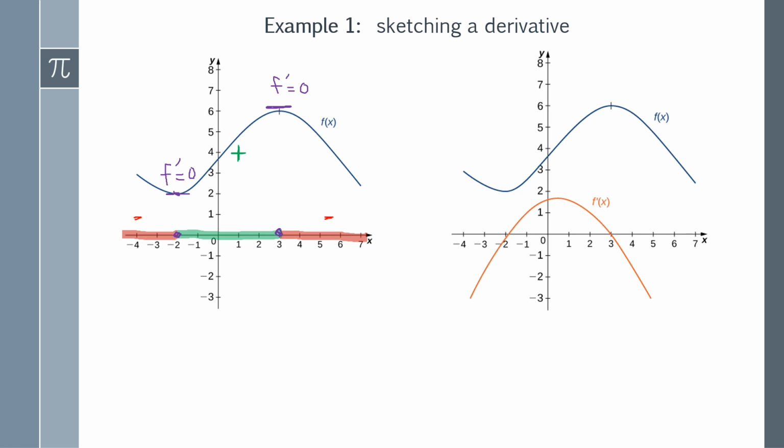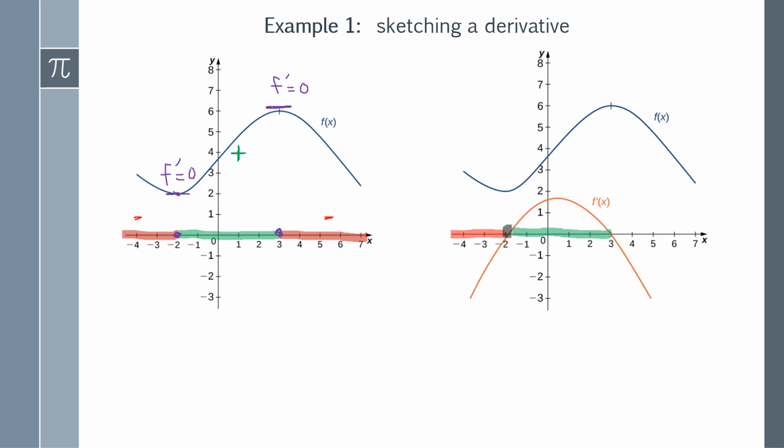So let's confirm what we've just discussed. f prime is indeed negative on the interval from -infinity to -2, and then it's crossing the x-axis over here. Then it is positive on the interval from -2 to +3, right?